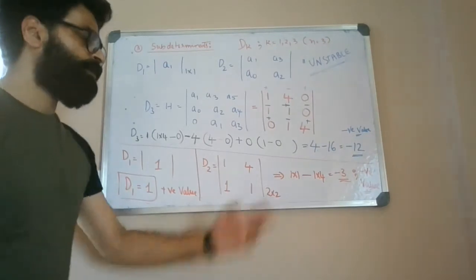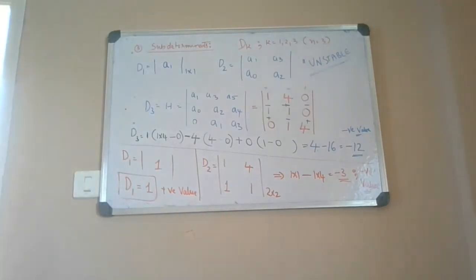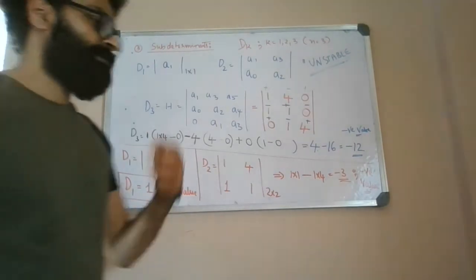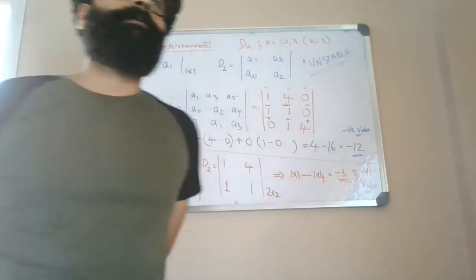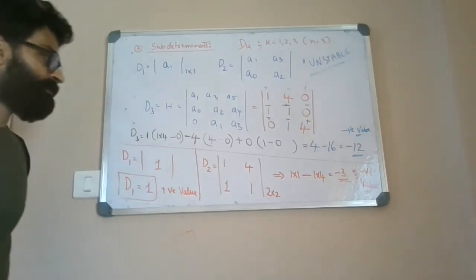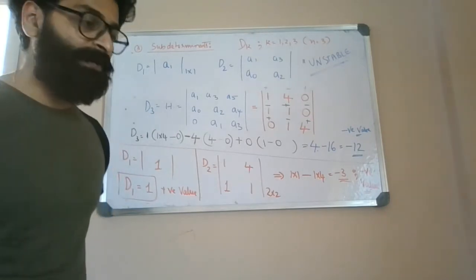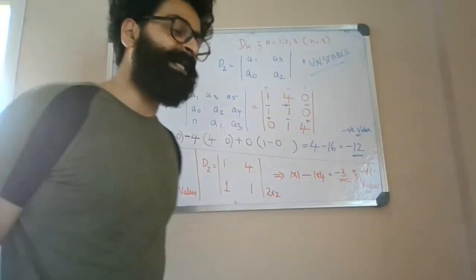Okay. So you can talk about the drawbacks straight away. You can handle the system at the maximum a third order one, right? Because you can easily solve a 3 cross 3 determinant. What if the order of the system is greater than 3?